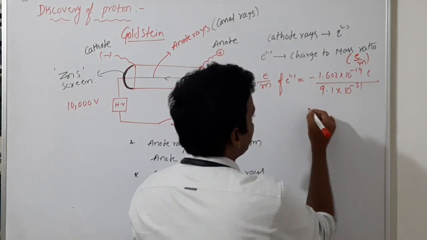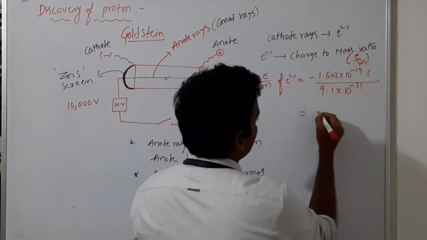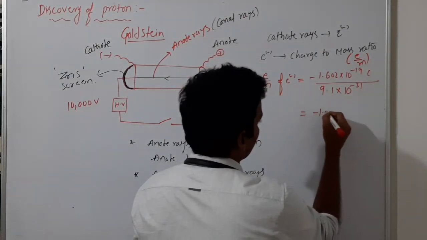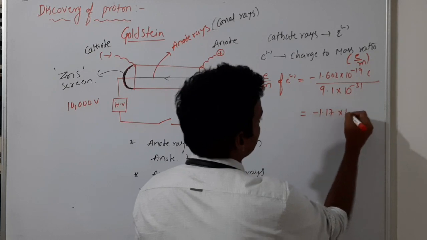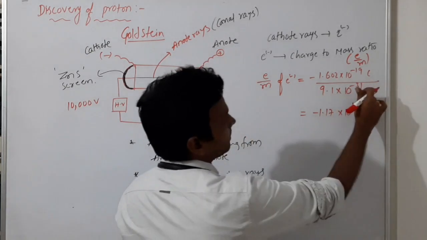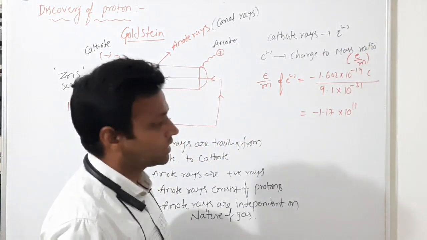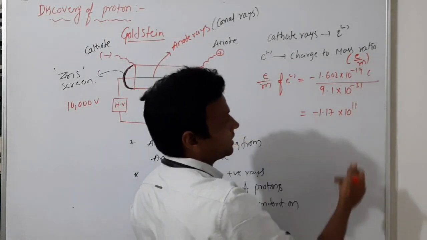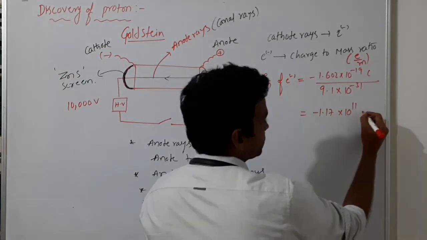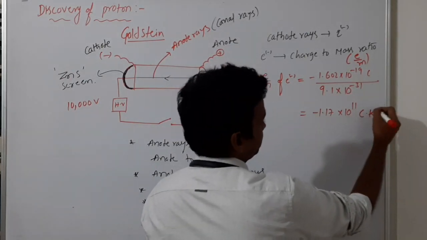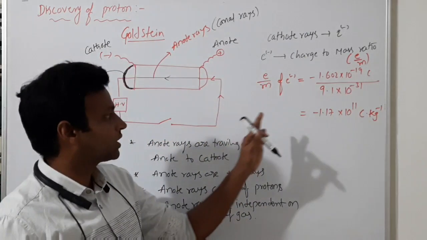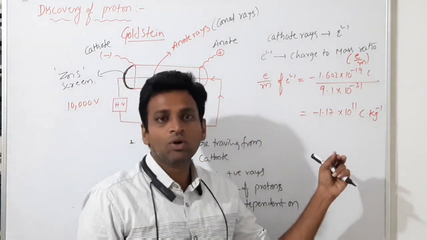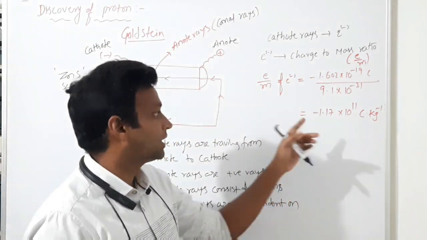If you do this, you will get minus 1.17 something into 10 power plus 11, because 10 power minus 31 goes to the numerator and becomes plus 31. So it is coulomb per kg. Very important. The charge to mass ratio of the electron means this.